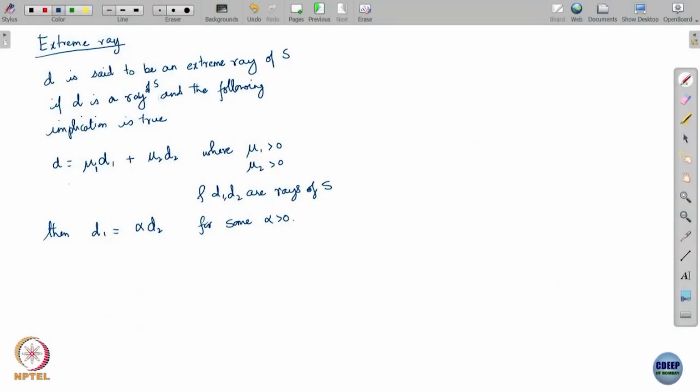So, this vector D is said to be an extreme ray of S if the following implication is true: you write it as a strict conic combination of two other rays of the set, then it has to be that the two rays are actually coincident, meaning one is just a scaled version of the other. These are vectors. A ray is after all just a vector.